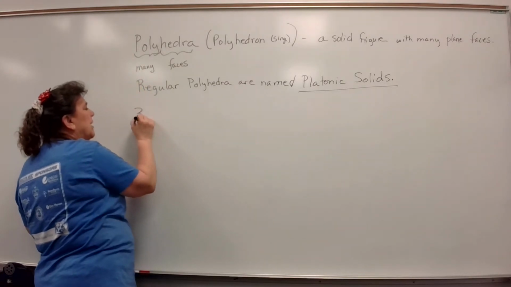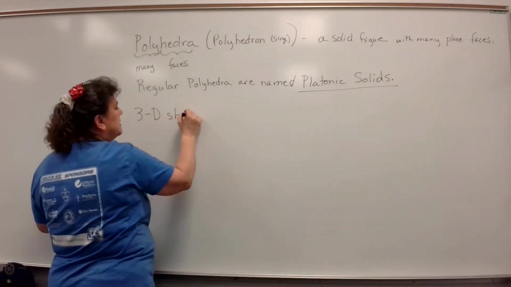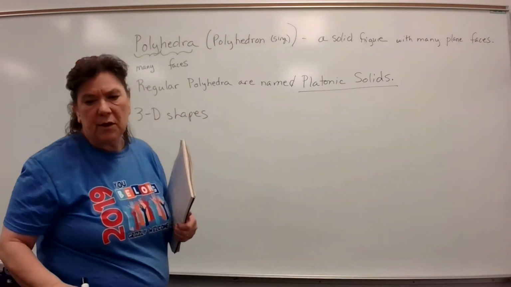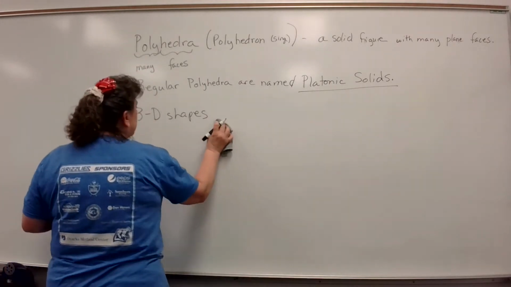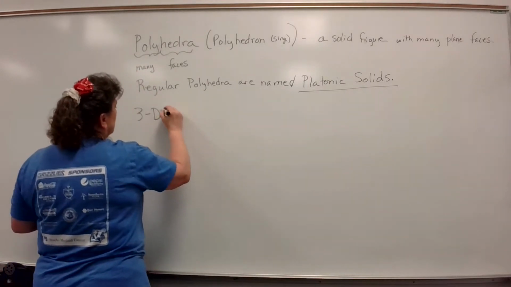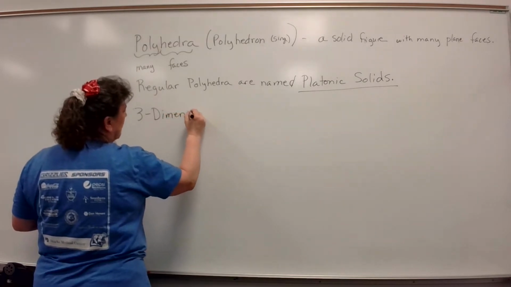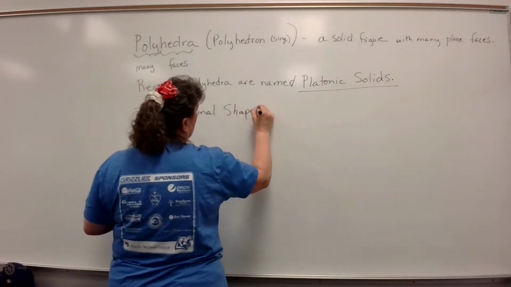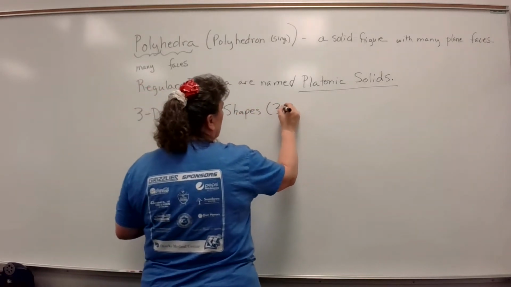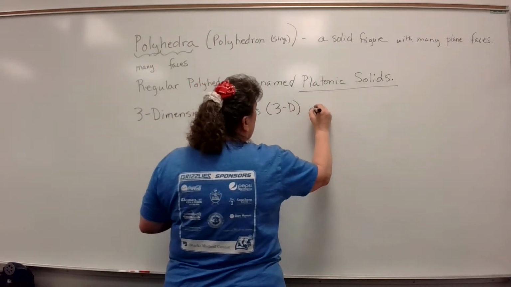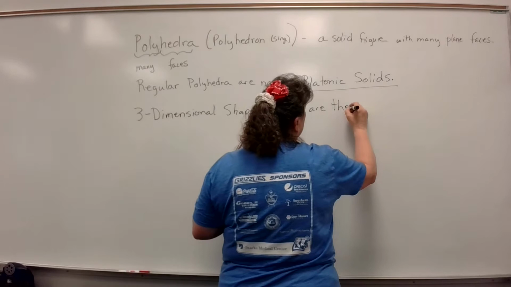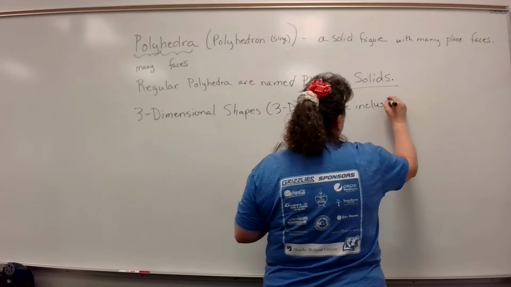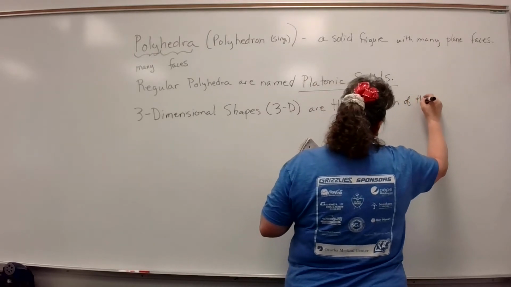On the other hand, you have 3D shapes, and the difference between the polyhedra and the 3-dimensional shapes, shortened to 3D, is the inclusion of the circular.